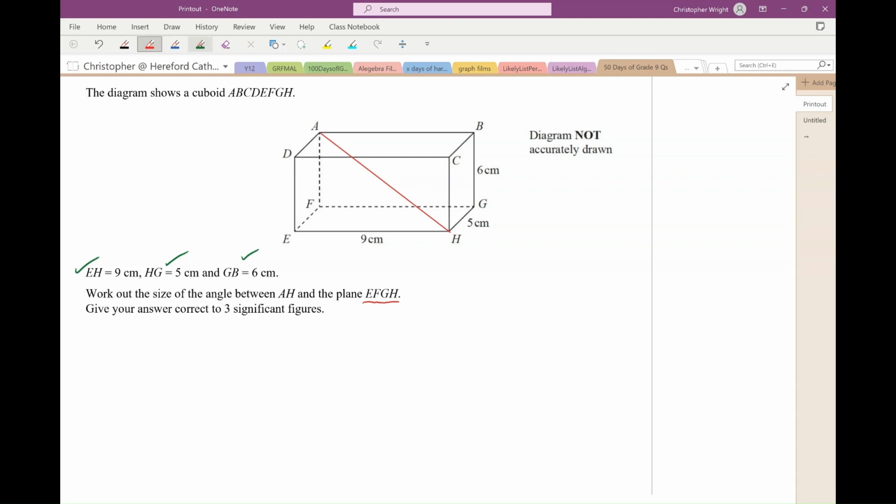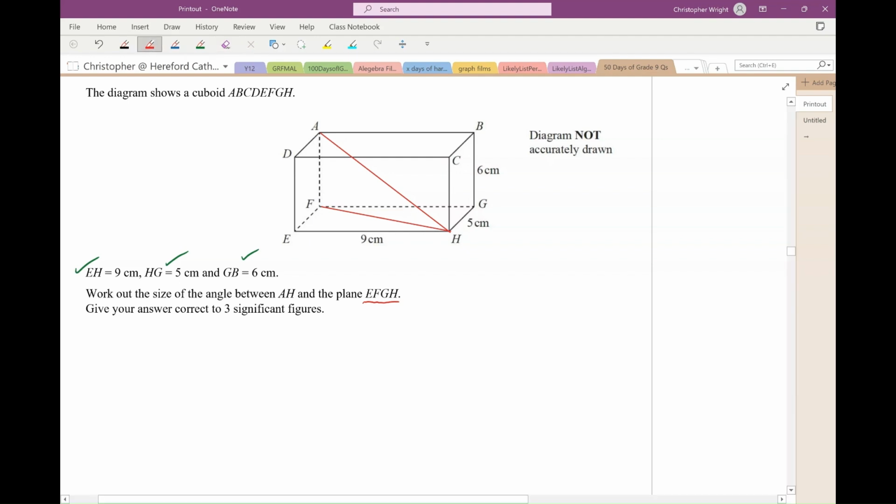What I need to do is imagine the sun shining directly above this point, and its shadow would lie here. So the angle I'm being asked for is the angle between AH, which is here, and this line. Imagine the shadow of the line AH, and that's where it ends up. So I'm being asked for this angle here.